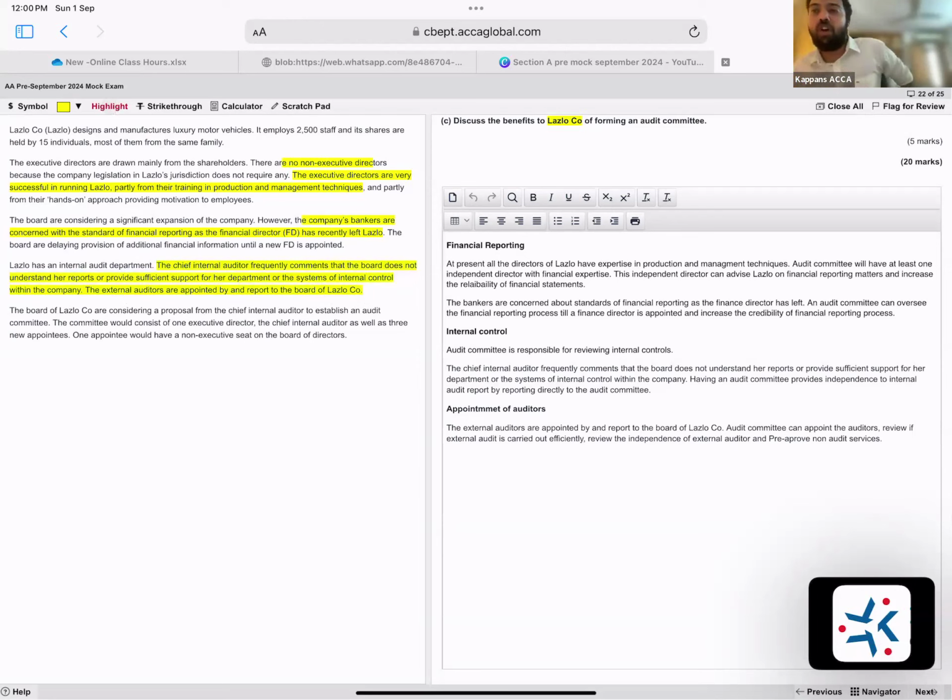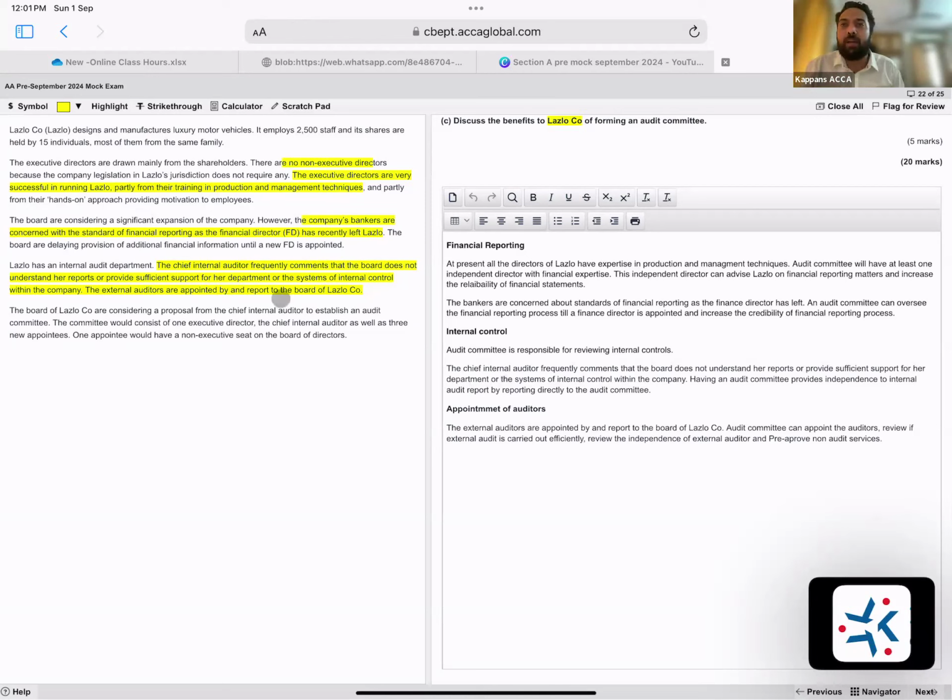So an audit committee is responsible for reviewing internal control. And the chief internal auditor has frequently commented that the board is not understanding her report and is not providing sufficient support and documents for her to conduct the internal audit. So having an audit committee provides independence to internal audit by reporting directly to the audit committee.